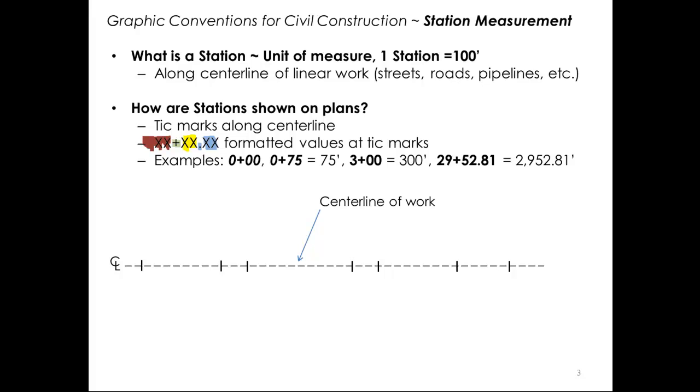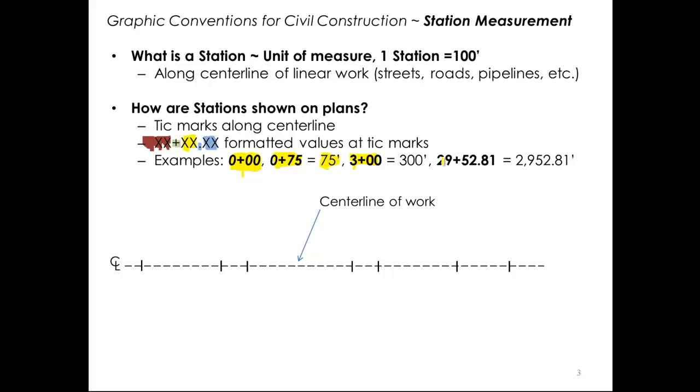Here are some format examples, and notice the first one, station 0 plus 00. This is normally used to indicate the beginning of a stationing system, so the beginning point on a road or a pipeline, etc. Another example would be 0 plus 75, which would be 75 feet away from the starting point. Same thing with station 3 plus 00.